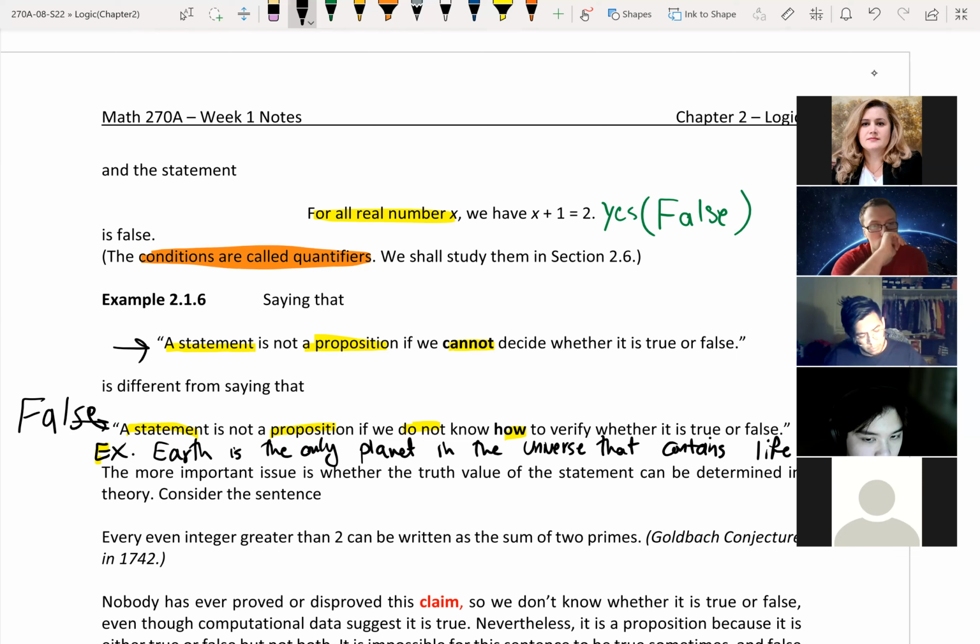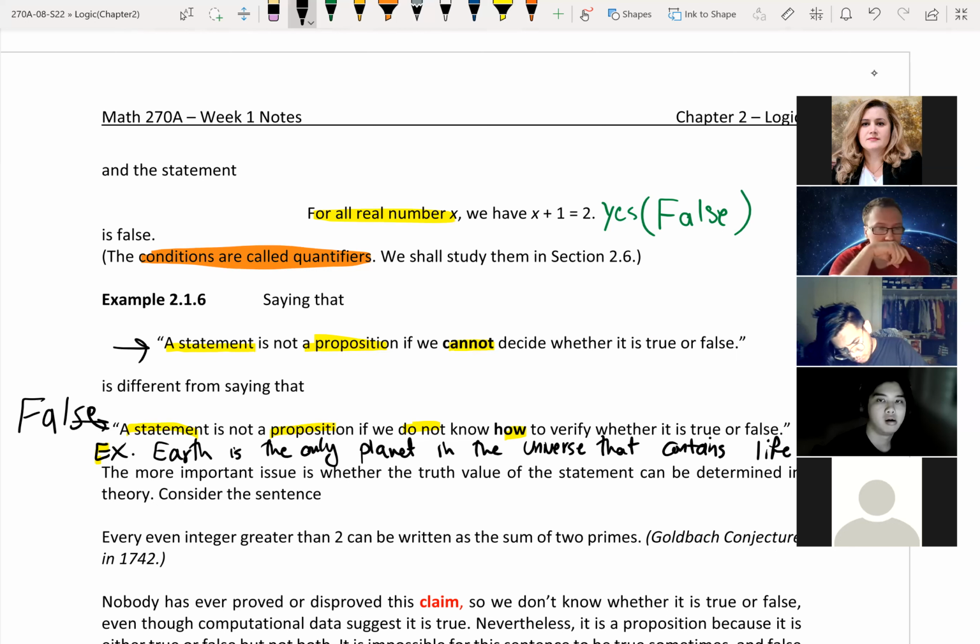This is wrong, because at this point I don't know how to prove Earth is the only one that has life, but in the future maybe somebody else knows.